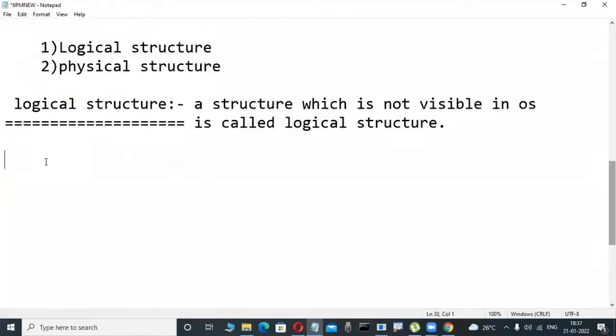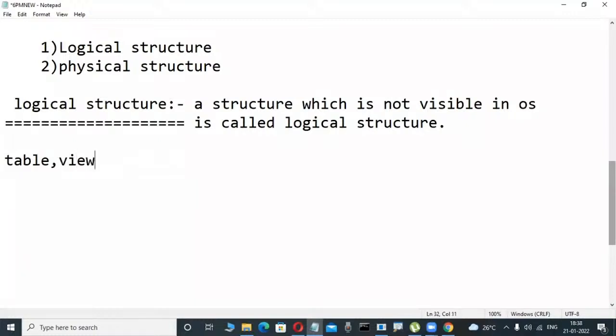But in this logical structure only, developers are working. Suppose I'm a PL/SQL developer, you are a SQL developer, and there are Java developers, .NET developers, Python developers, ETL developers. All these persons are working in the logical structure. That logical structure contains tables, in Oracle, SQL Server and MySQL.